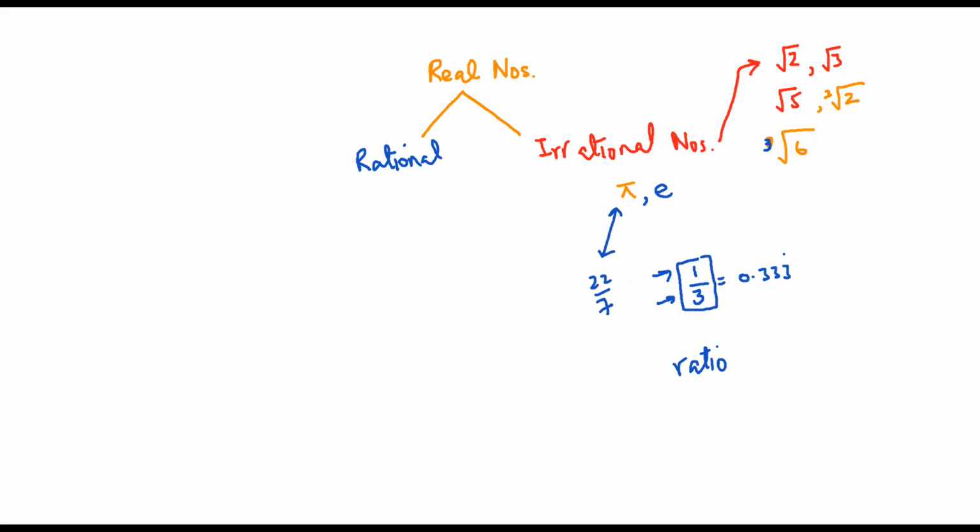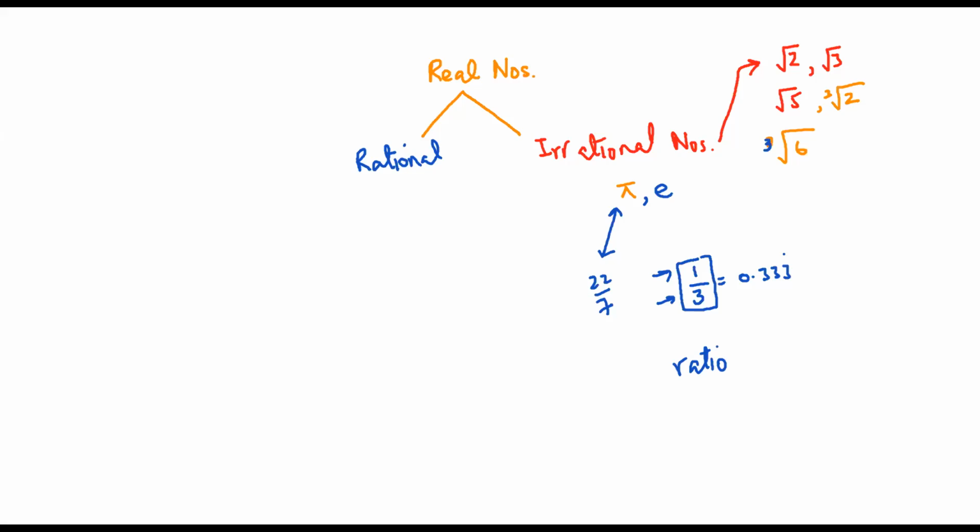Sorry, I divided 222. Let me correct this. This should be 22 divided by 7. You see that there is a pattern recurring from this.